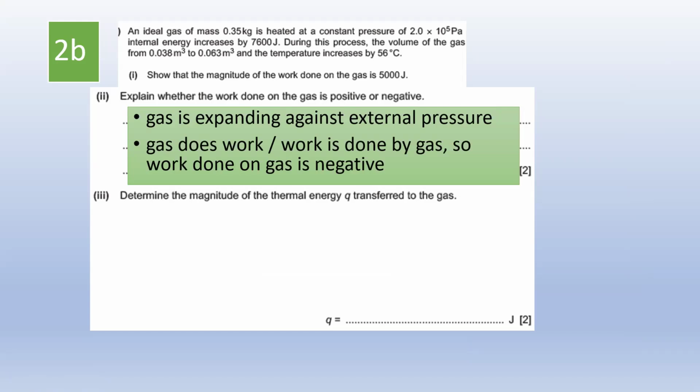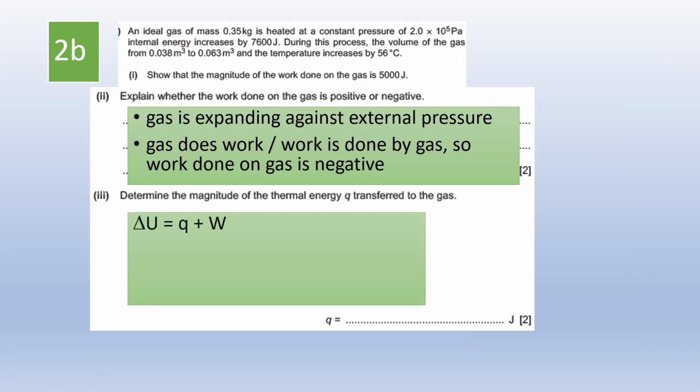Determine the magnitude of thermal energy Q transferred to the gas. Use the first law: the change in internal energy minus W. So that one is the internal energy, and 500. Okay.